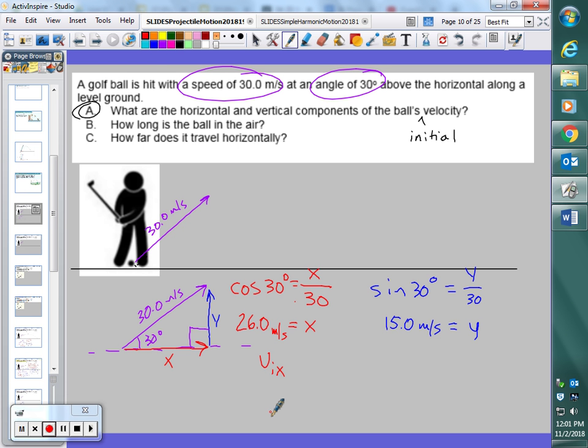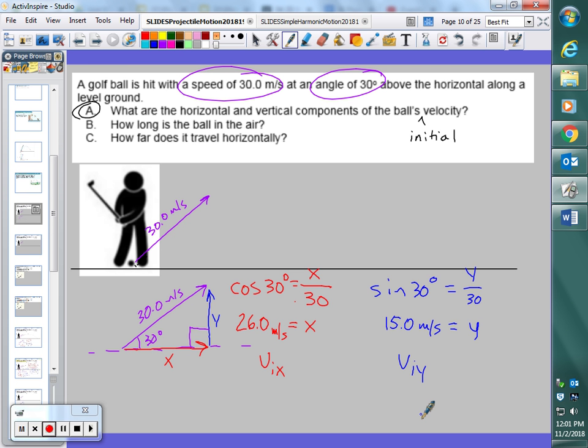The blue arrow is the initial vertical component. That's how fast it was moving vertically right after the golf ball was hit. Okay? Good with those? You okay with that?